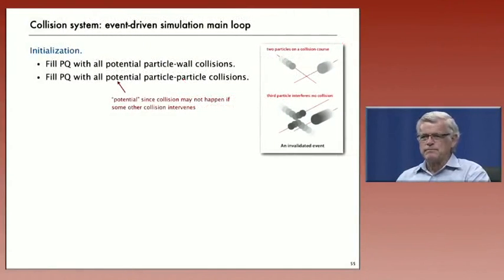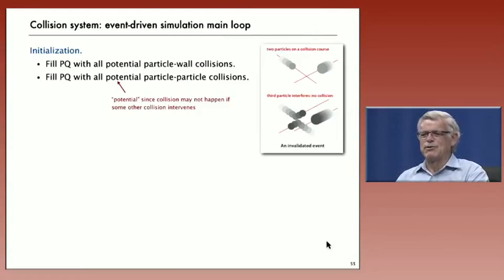Okay, so now let's look at the main loop for the event-driven simulation. So the first thing is, for every particle, we're going to compute the next time that it might hit every horizontal and vertical wall. Well, actually, if it's going away from a wall, it's not going to hit it, so that would be infinity.